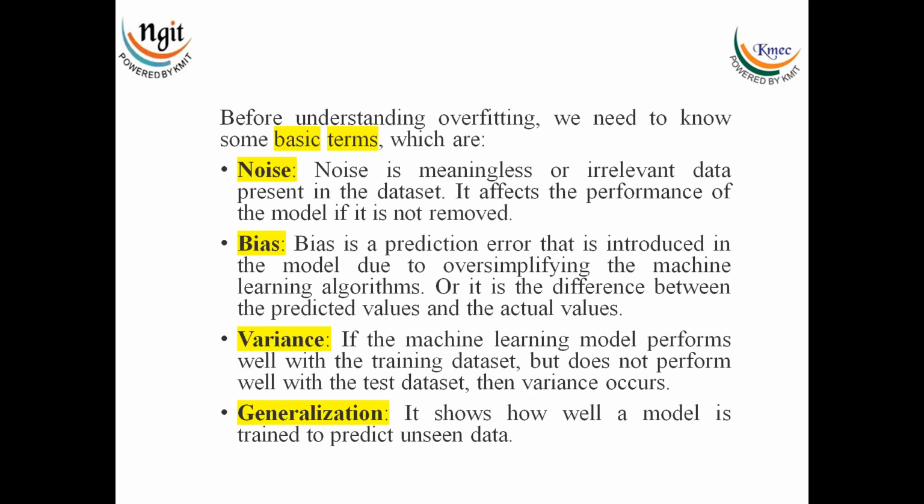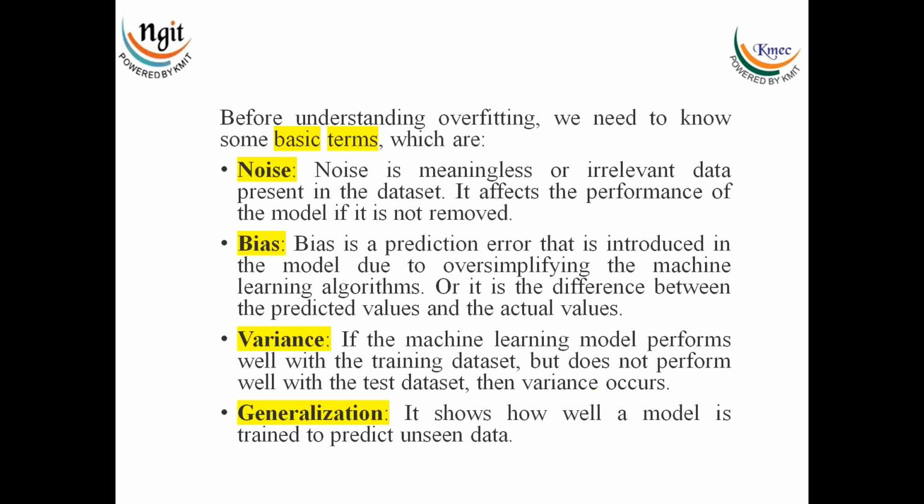What exactly is next? Bias. When we are talking about bias, bias is a prediction error. Okay, and whenever your model is performing well during training but not performing well during testing, then it is called high bias. It means there is a difference between the predicted value and the actual value.